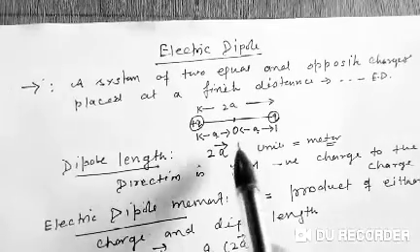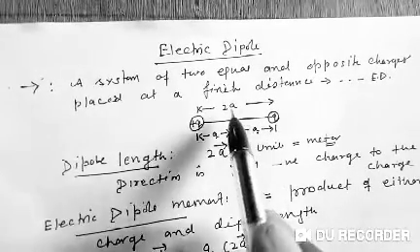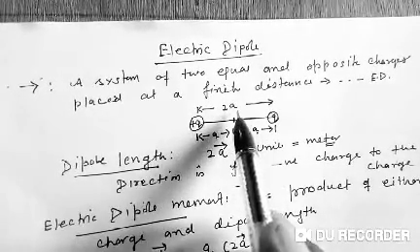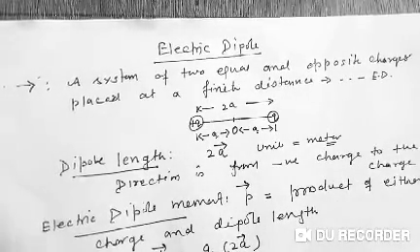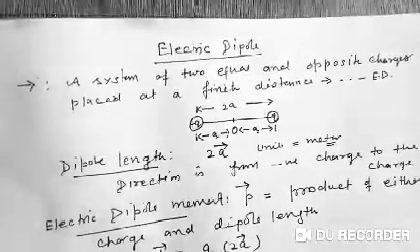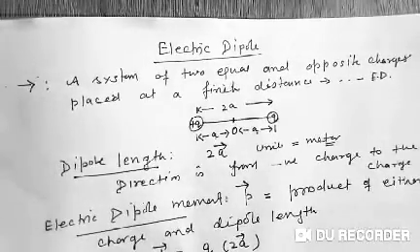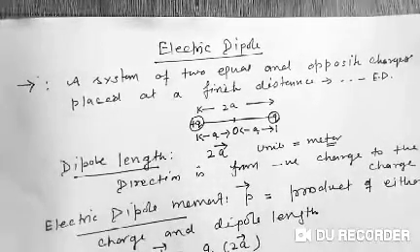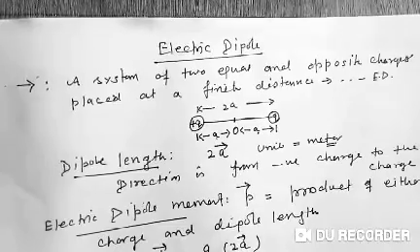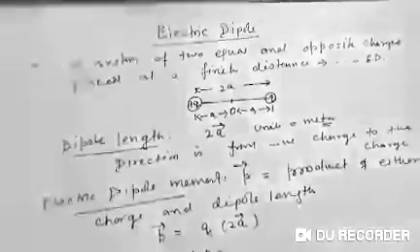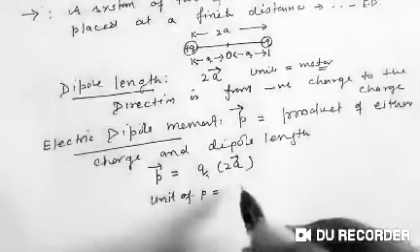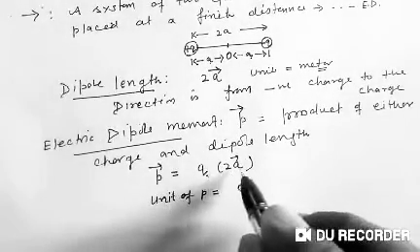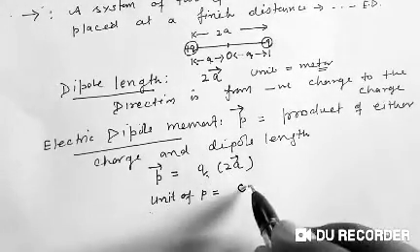In many books, this length of dipole is taken as 2L. So there is no need to worry, you can take 2L or 2a. Now its unit. Charge has a unit coulomb and distance has a unit meter, right?